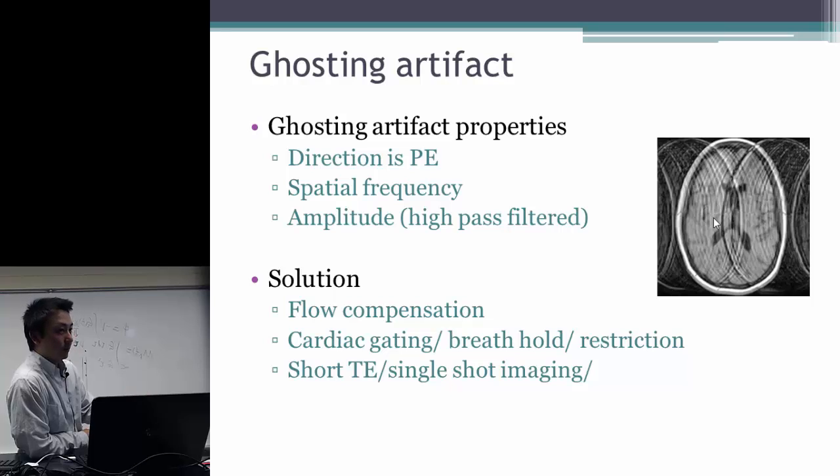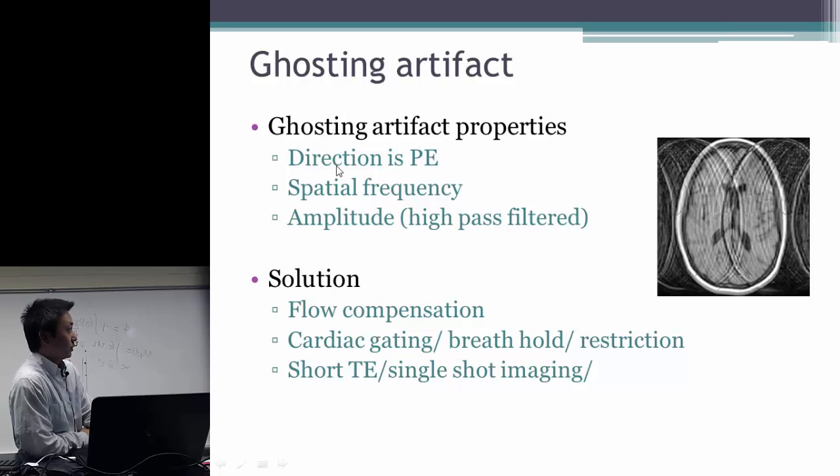So chances are your movements will be during the acquisition of some higher spatial frequency. If the motion is not exactly at the center of the K-space, the ghosting artifact usually looks like a high-pass filter, because those K-space lines that have a phase change do not contain those baseline signals, so you basically observe the ghosting artifact as if it's high-pass filtered.